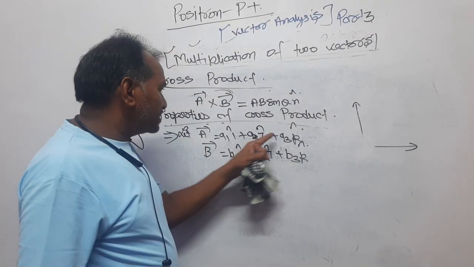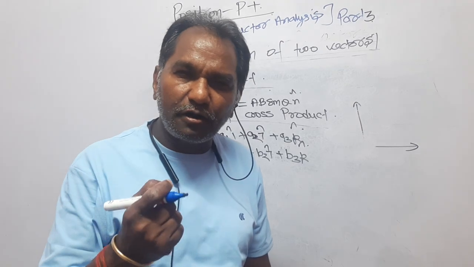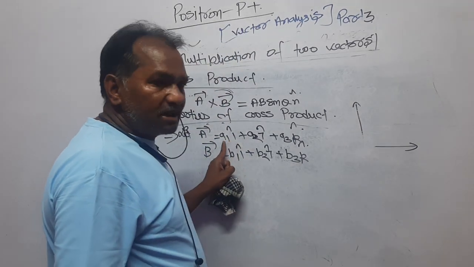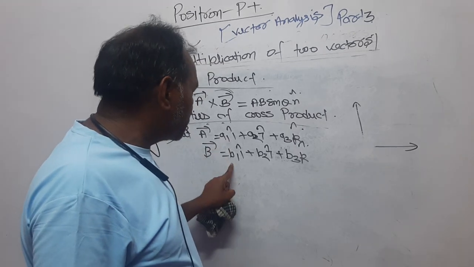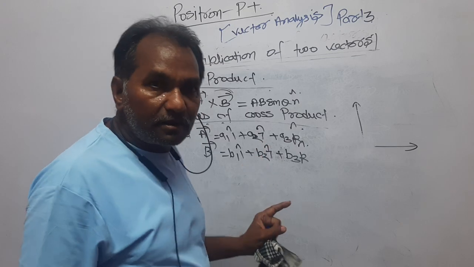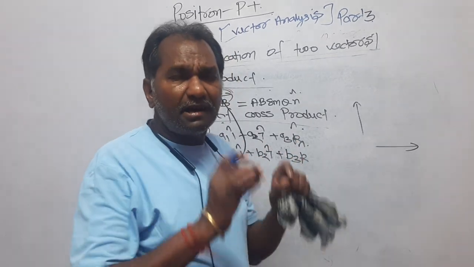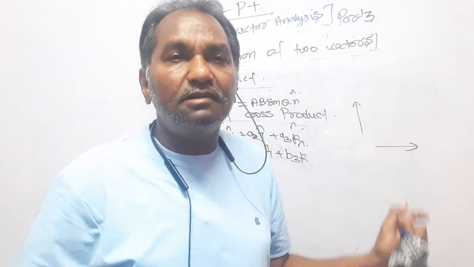First, if you have to find A dot B, then what do you do? The coefficient of i cap is a1 here, and b1 here. You write a1 b1 plus the product of the coefficients of j cap, then the product of the coefficients of k cap, and ultimately you add them. This is the result of A dot B.